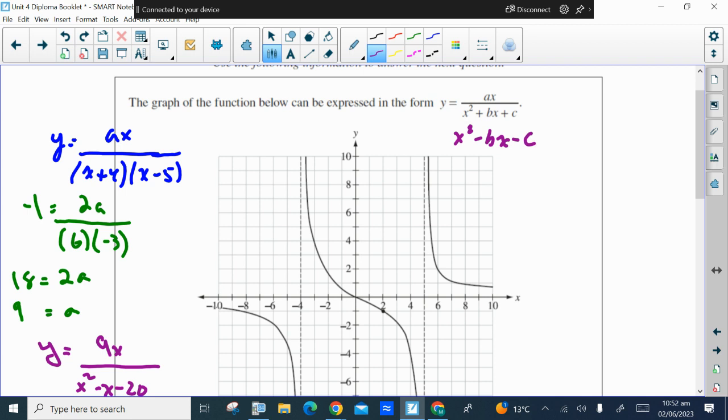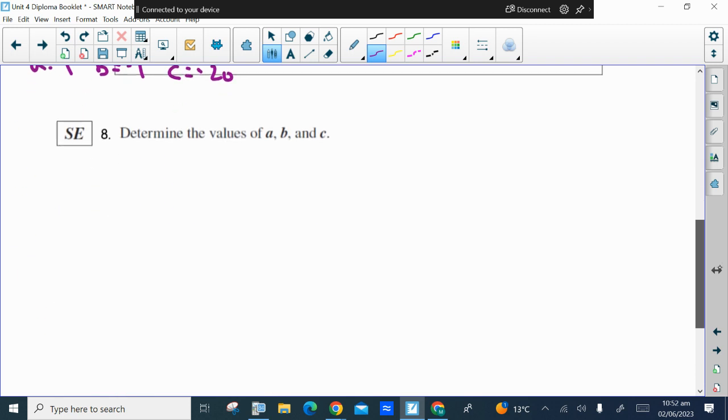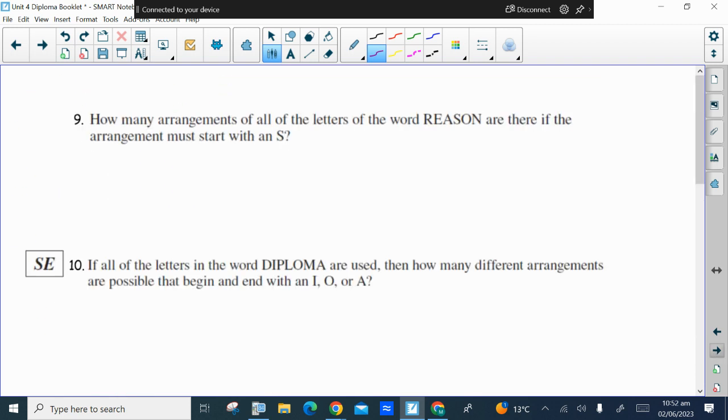Then you could say that the value of b there is 1 and the value of c there is 20. Then you could have this as a numerical response question. But you'll never get an actual negative answer for any numerical response questions because there's no place to bubble in a negative sign.